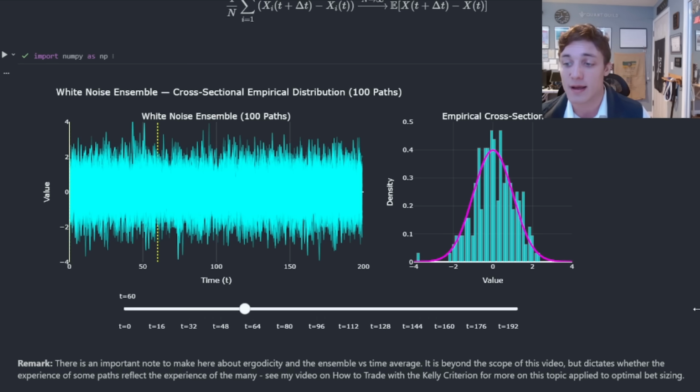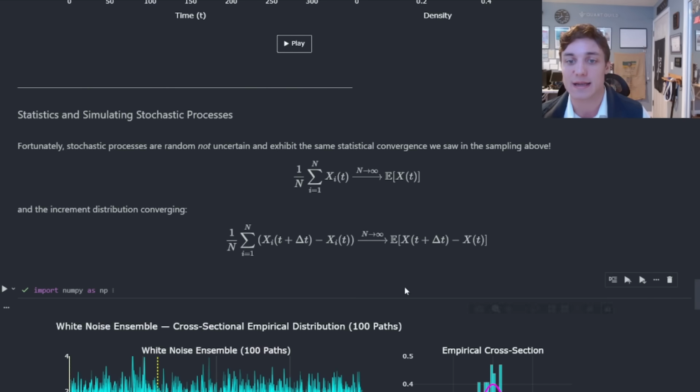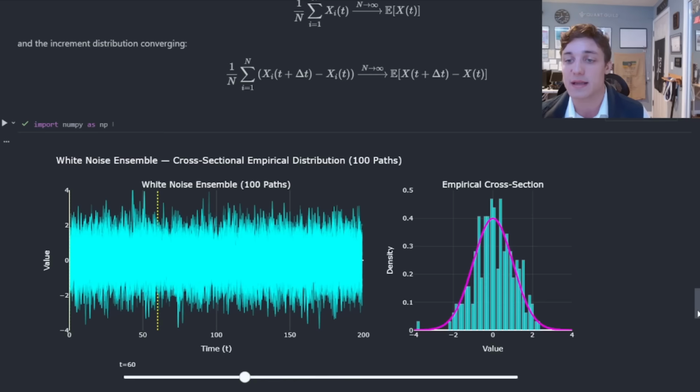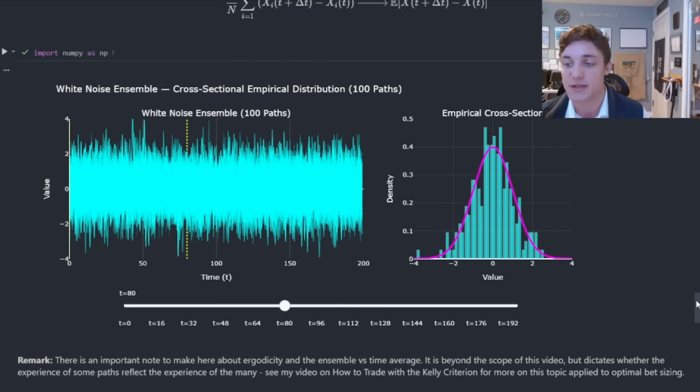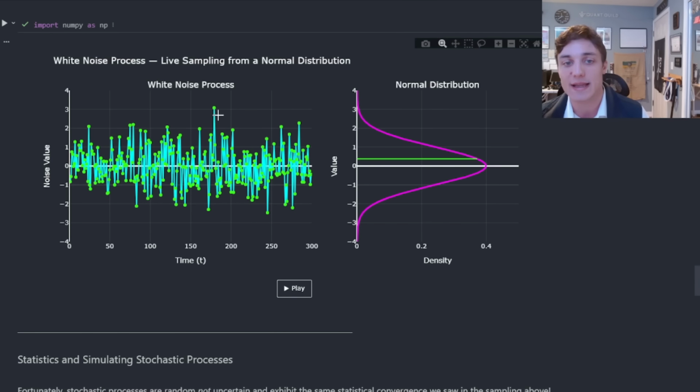That's because for this stochastic process, we can apply the law of large numbers and observe the convergence in distribution in the cross-section of any one of these sample paths. In other words, we saw that each step here was drawn from a normal distribution. Well, let's think about step 100. What if I was to create not just one sample path, but 10, 100, 1,000, 10,000?